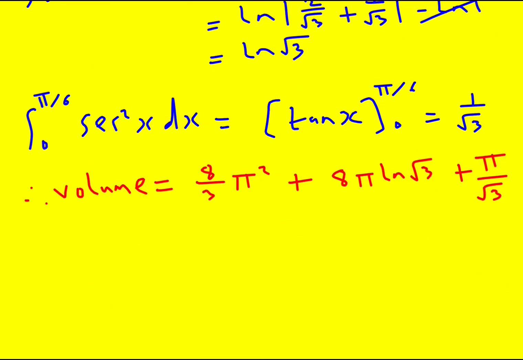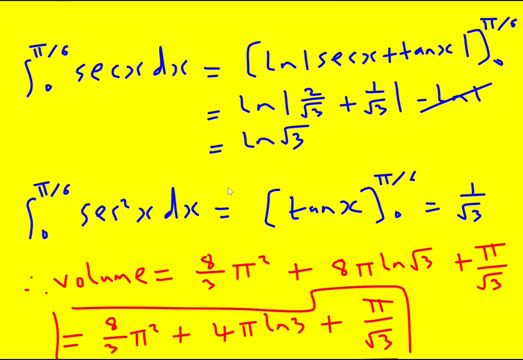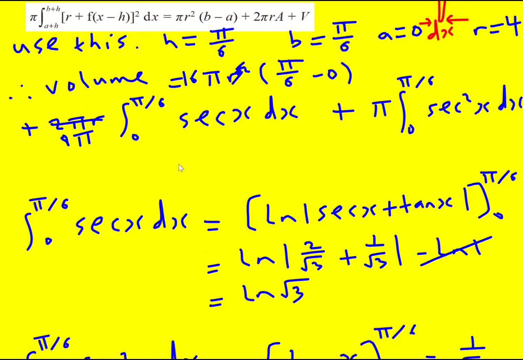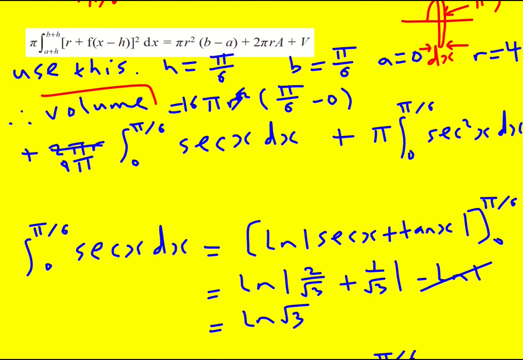That's pretty neat. I think I could just tidy it a little bit more: 8 over 3 pi squared plus 4 pi ln 3, if I bring that half down from the square root, plus pi over root 3. Okay, really nice integrals, or relatively nice integrals, once we get it in that form from A. So we are done. Well done.